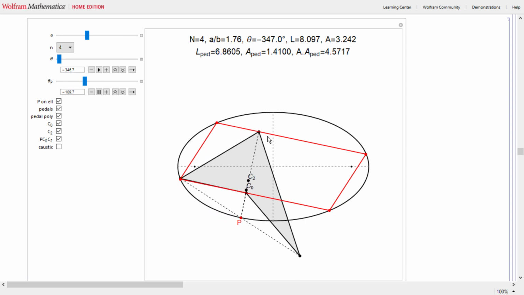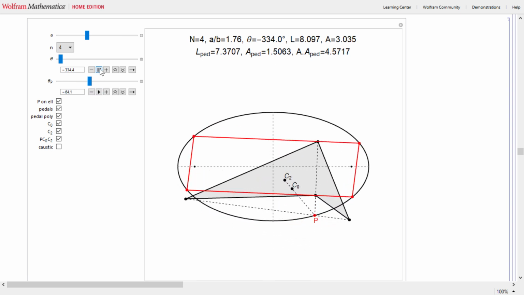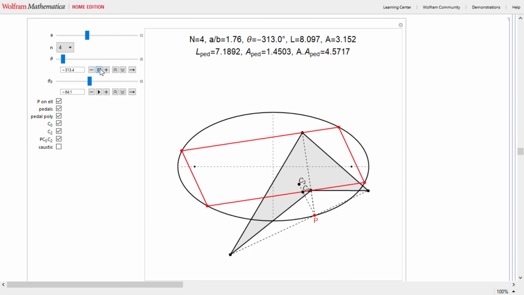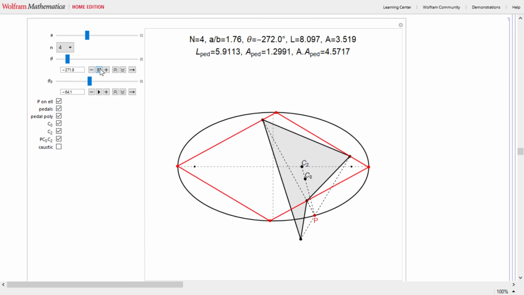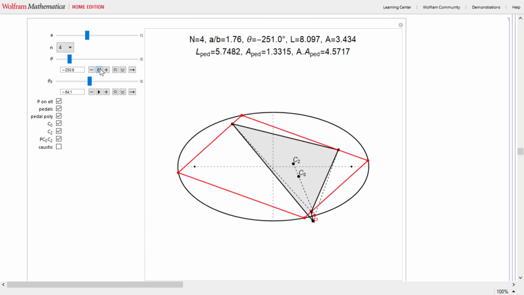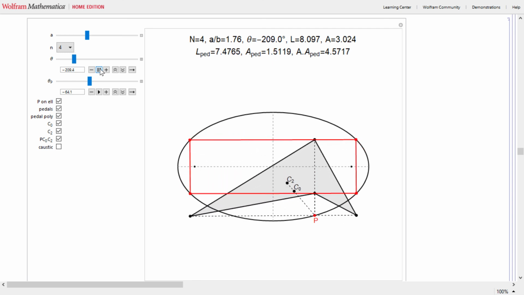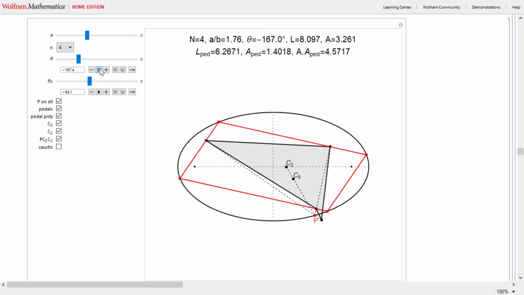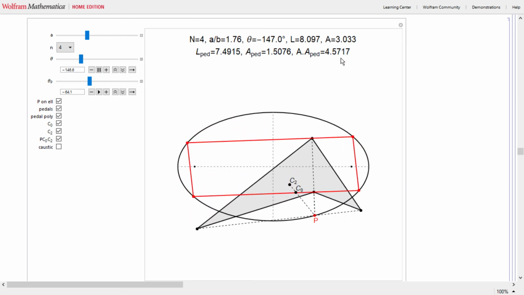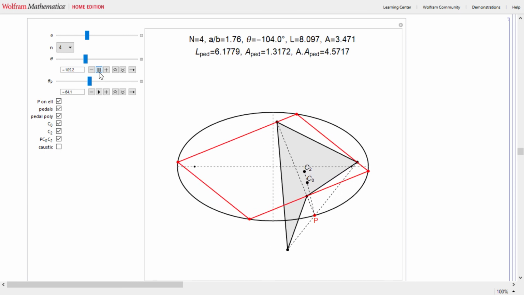Collinearity is maintained. If I vary my parallelogram, collinearity is maintained. Of course, area of the pedal polygon is not maintained, but the product of parallelogram area with pedal polygon area is preserved over here. Thank you very much.